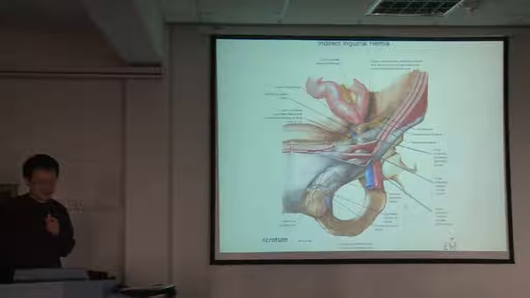And this is the hernia, the sac of the hernia. It is usually composed of intestine, sometimes omentum, sometimes other things. So the intestine is the most common content. It gets to the orifice, the internal ring, along with the spermatic cord. So this is the hernia.